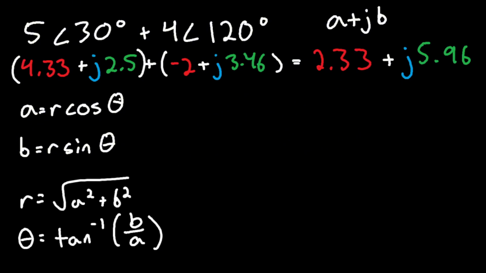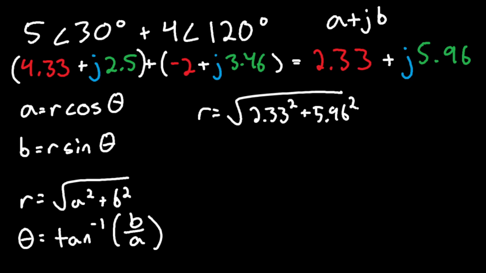So we need to find the r value, which is the magnitude of your polar coordinate. So r is simply equal to the square root of 2.33 squared plus 5.96 squared. And this just simply equals 6.4. Okay? So now we need to find the theta value.